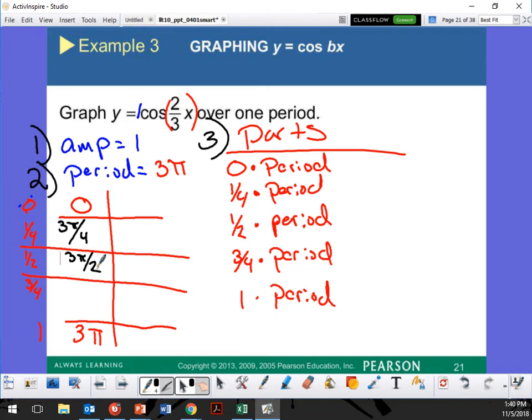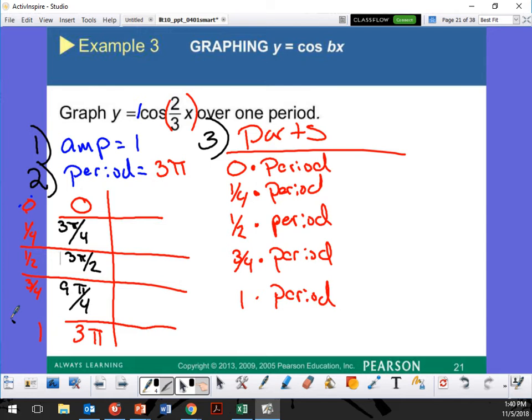What is 3/4 times the period? 9 pi over 4. That's very easy, isn't it? This is step by step. You have to follow the steps and you'll get everything.